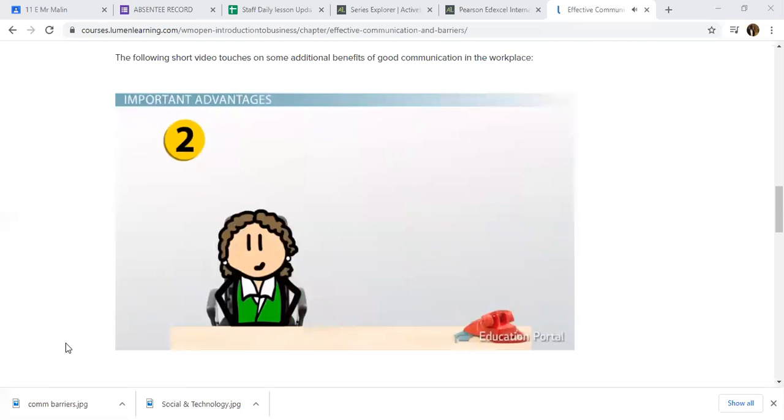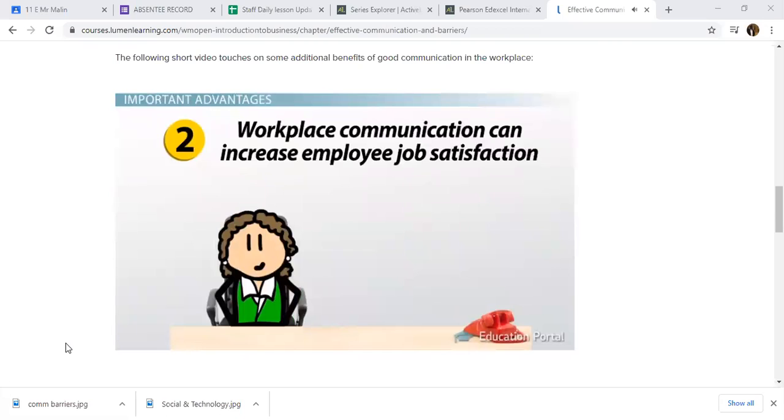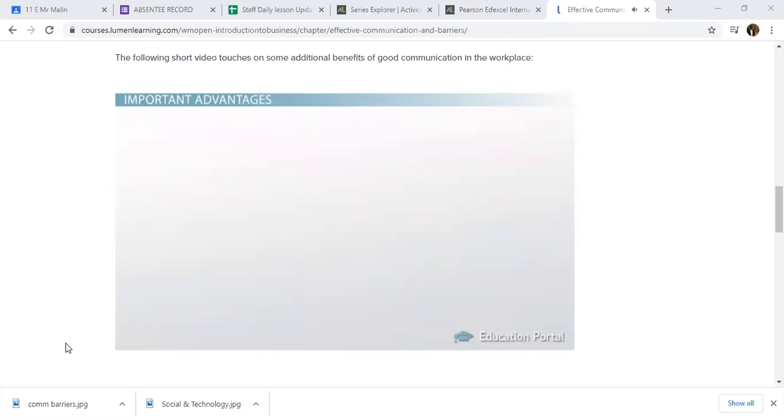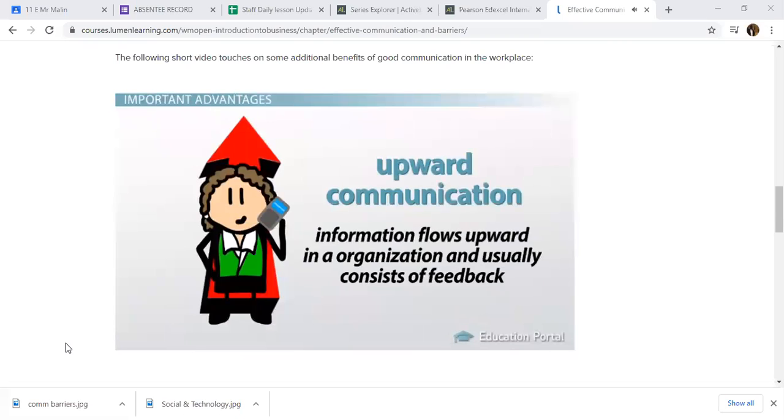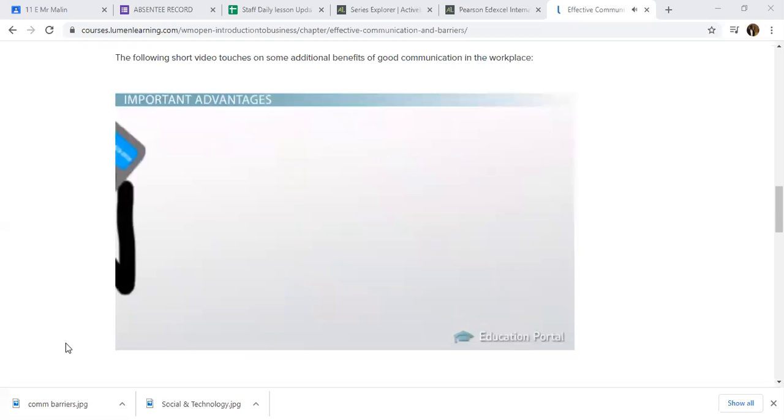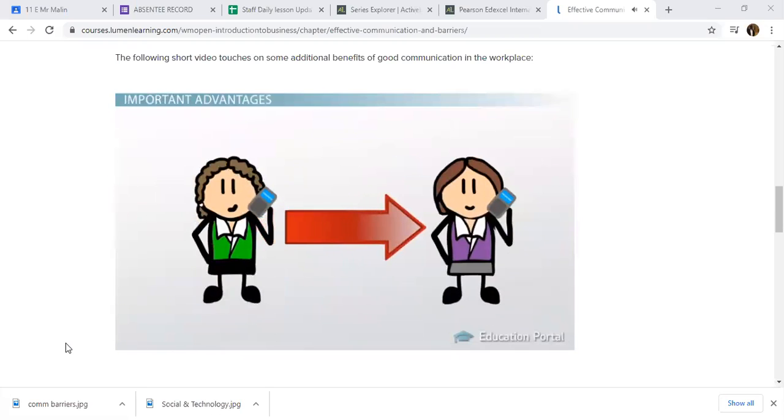Number two, workplace communication can increase employee job satisfaction. Employees feel empowered if they're able to have upward communication. This type of communication is when information flows upward in the organization and usually consists of feedback. If bosses or managers are able to listen to employees and respond, this leads to an increase in employee job satisfaction.